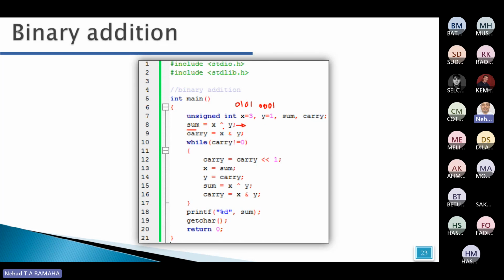First, I will make OR between them, or XOR, sorry, XOR. So if you make XOR between X and Y, if they are similar, 0. If they are different, 1.